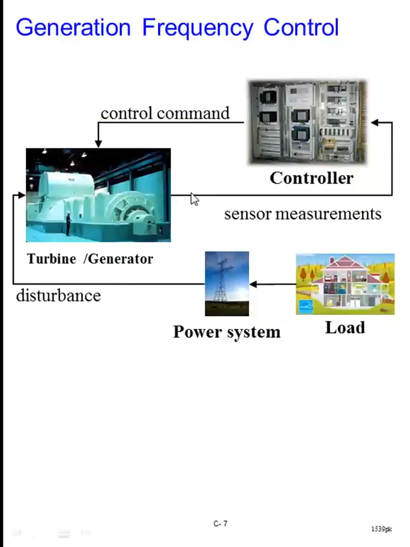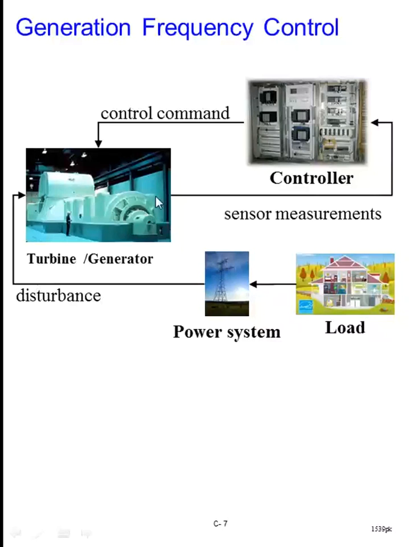Because the generator is connected to the network, the machine is subjected to some disturbance, and because this network has the load, any variation in the load in the system will result in a form of disturbance on the turbine generating unit.